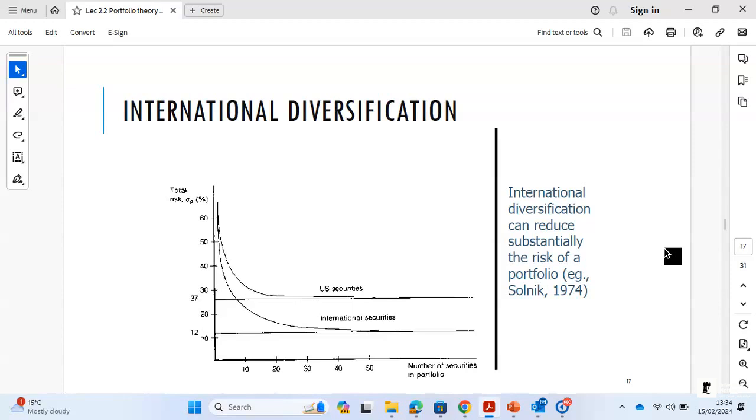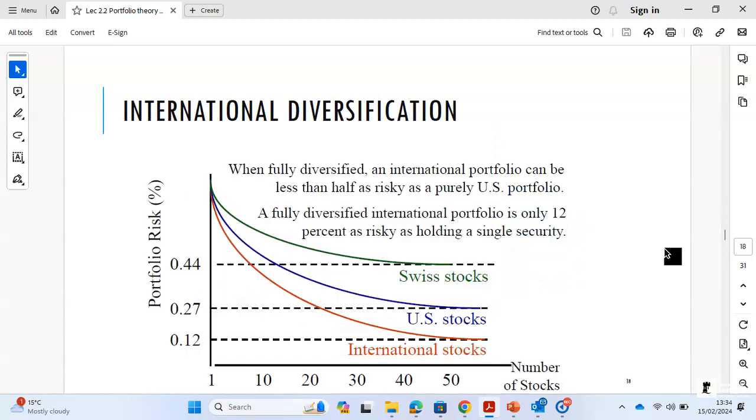But the key to that is the stocks and the markets that you choose in your portfolio should be least correlated. Okay, so correlation is key to all this. This is another graph that shows the same thing. If you only invest in the Swiss market, diversification would reduce the unique risk of stocks in the Swiss market alone.